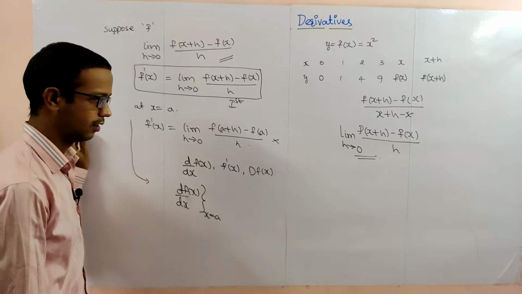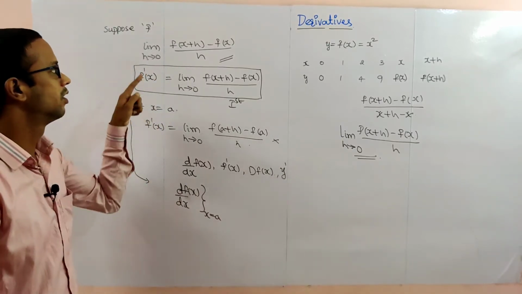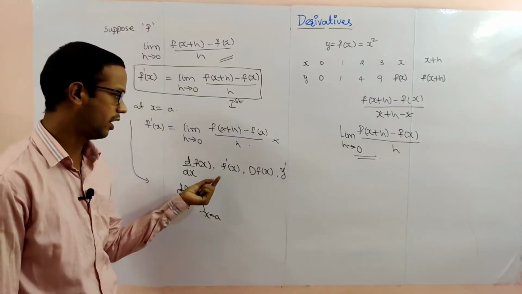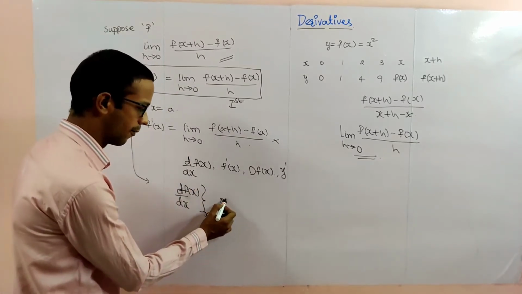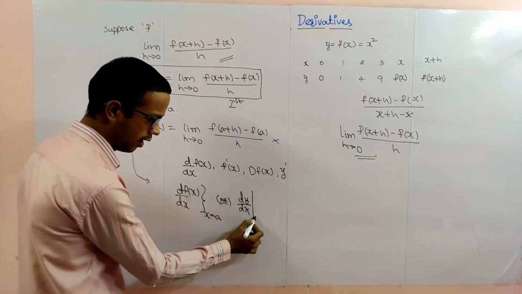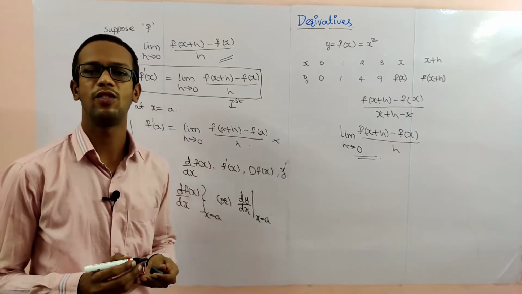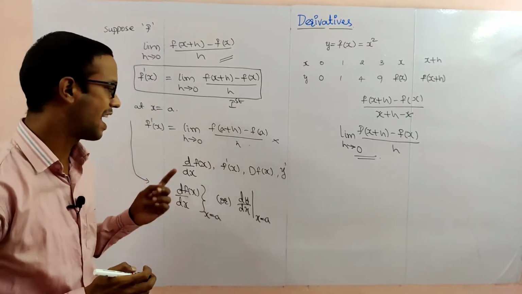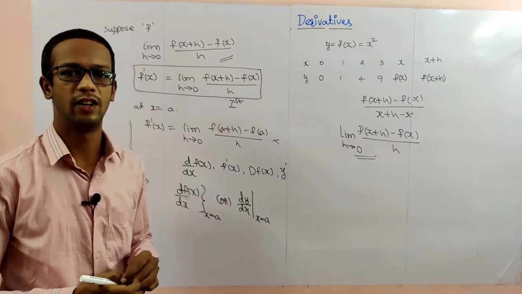We can also write y dash, where y is equal to f of x, so f dash means y dash, or dy by dx at x is equal to a. These are all notations for the derivative. Writing the dash is also a derivative, writing d by dx is also a derivative.